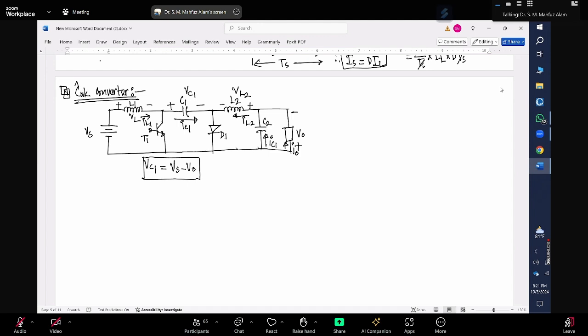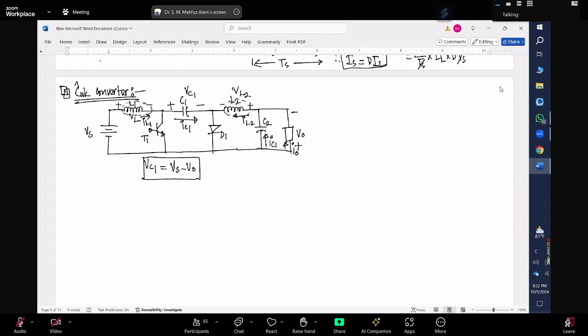Yes, sir. The average voltage here should be 0. The average voltage here should be 0. So it means that the average voltage across the capacitor should be the difference between the source voltage and the output voltage, right? Yes, sir. Make sense?